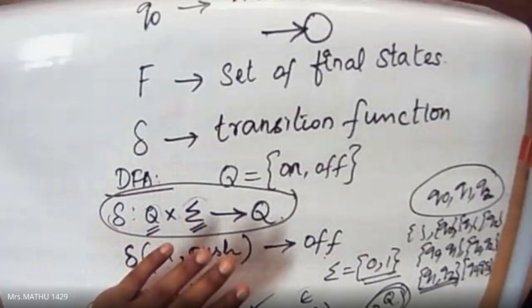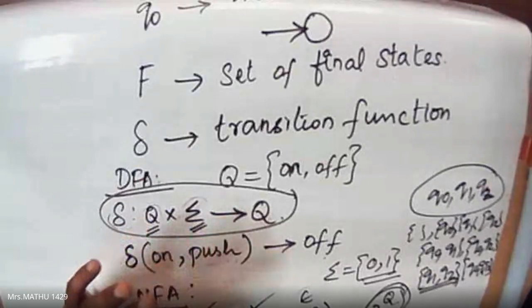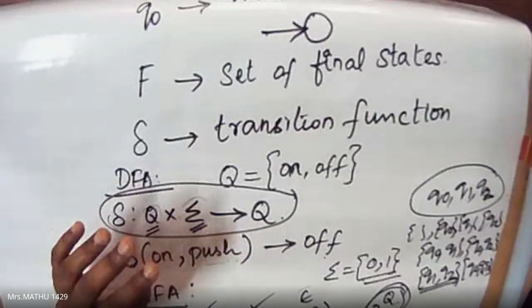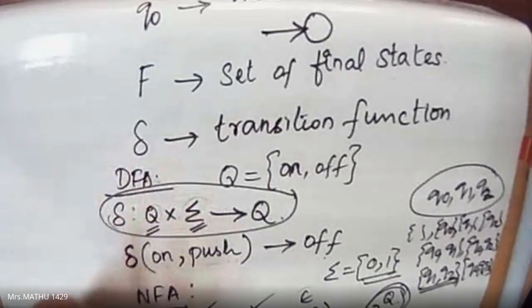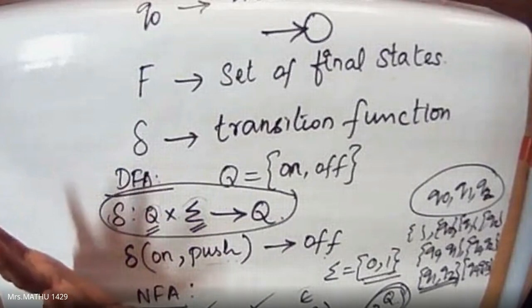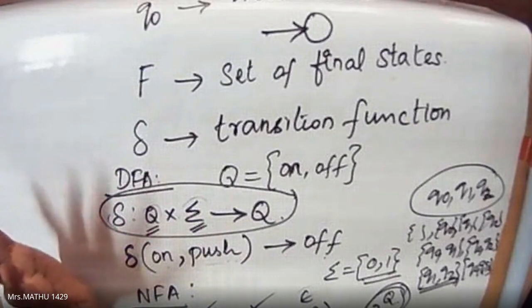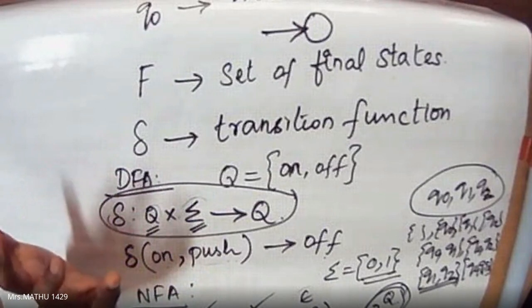If the switch is already in the off state and you push again, giving an input, it comes to the on state again. That is what DFA is, deterministic finite automata. You have a deterministic thing. Okay, Santosh, NFA is about, now do you understand DFA now?